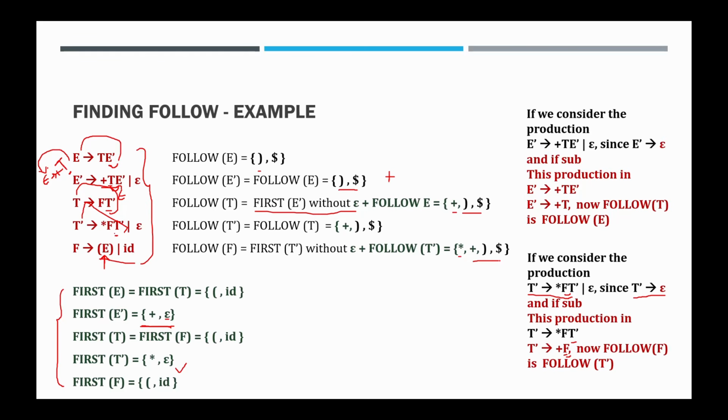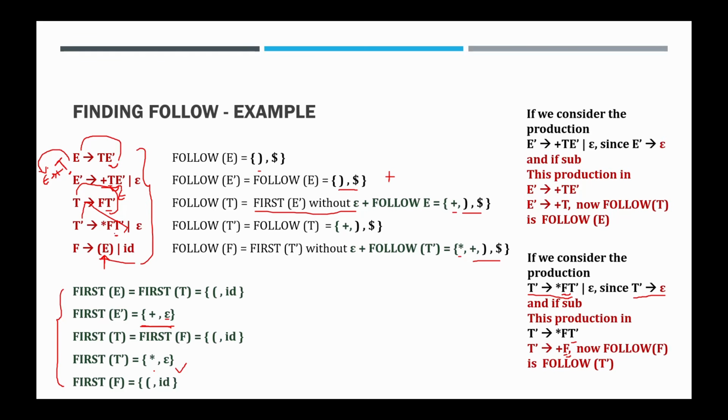I'll repeat, please listen. While finding the follow of F, what we did: here this production T tends to star F T dash is having the F. So when I find the follow of F, the next symbol will be T dash. T dash is a non-terminal. Since it is a non-terminal, we need to find the first of T dash. What is first of T dash?